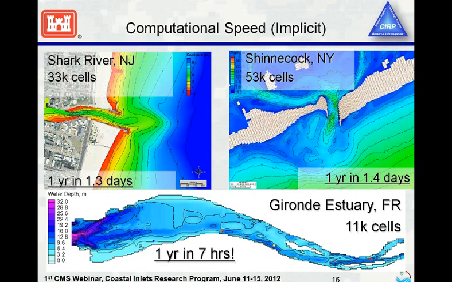Similarly for Shinnecock with 53,000, just a little bit longer time. And then for this area in France, we got a whole year in only 7 hours. So the implicit model allowing us to run at time steps of between 5 and 30 up to an hour time step has really enabled us to do longer and longer term runs and still get good answers.